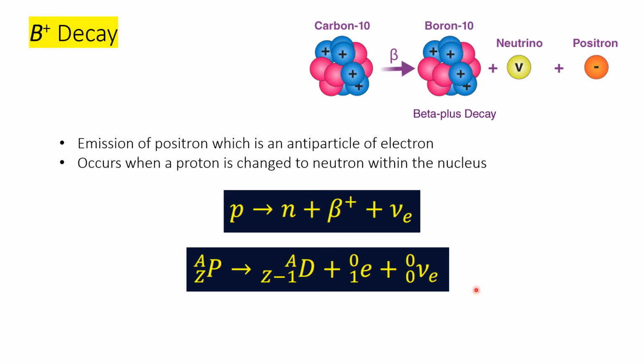You can also use this equation to find the beta plus decay equations of your unstable nuclides. So you have your parent P, which decays to your daughter D. A is constant, and you have Z minus 1 plus your positron, and then plus your neutrino nu. So you can use this later in finding the equation for your beta plus decay.